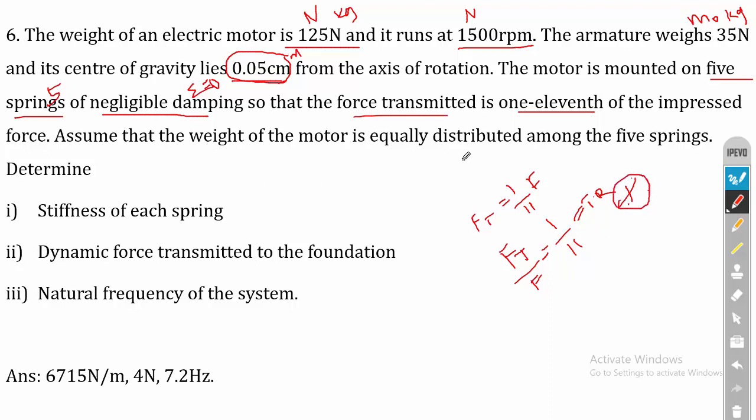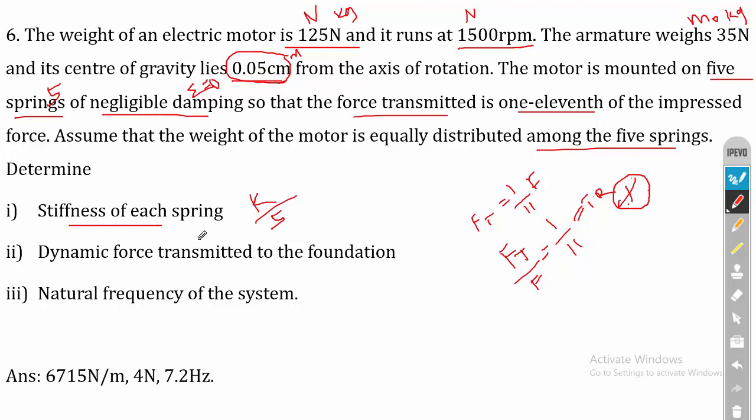Assume that the weight of the motor is equally distributed among the 5 springs, so that we can divide the total spring stiffness by 5 to calculate the stiffness of the individual spring. So determine the stiffness of each spring. You can follow the same procedure as the classwork problem and calculate the K value. After calculating the K value, totally 5 springs are used, so you can divide the K value by 5.